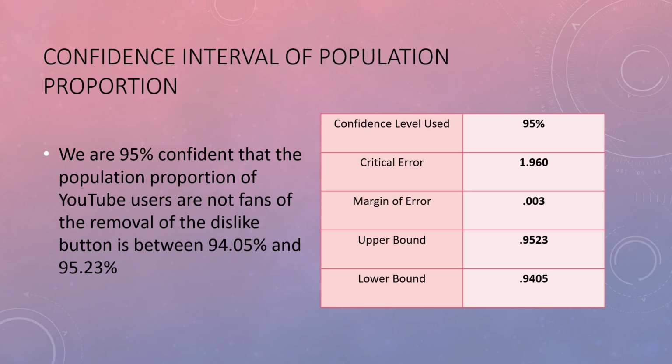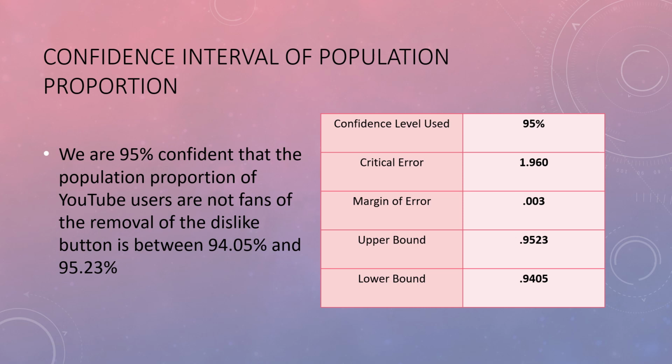Now with that important number, we go back to our sample proportion, and we're going to add and subtract 0.003 from that number, which will give us our upper bound and our lower bound.